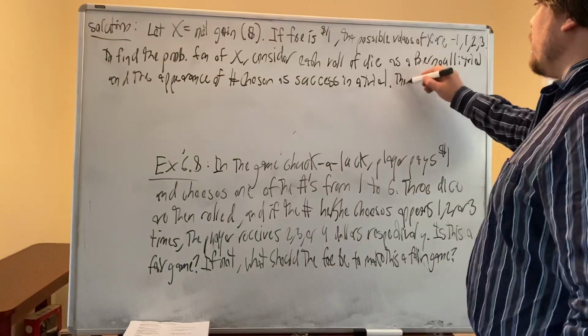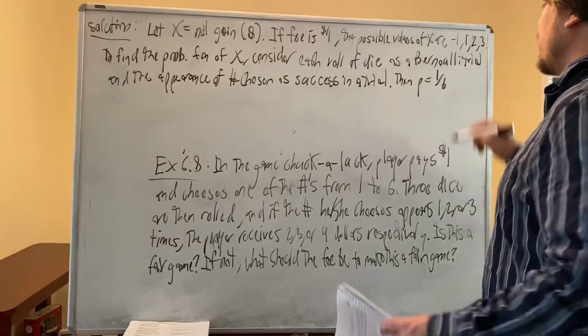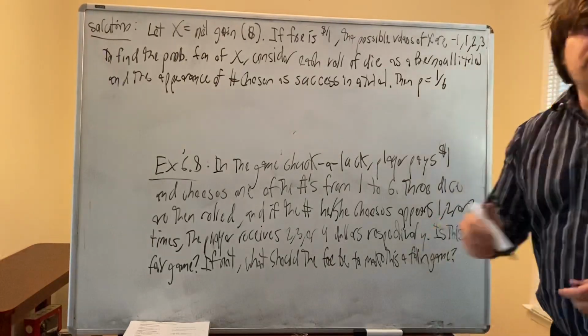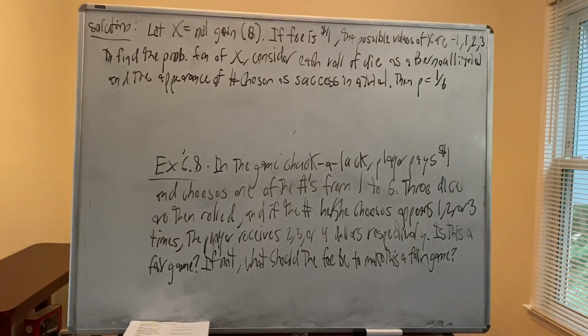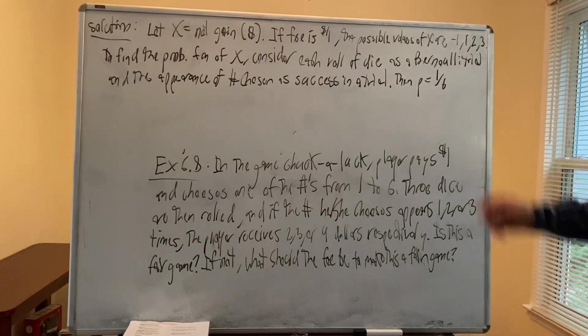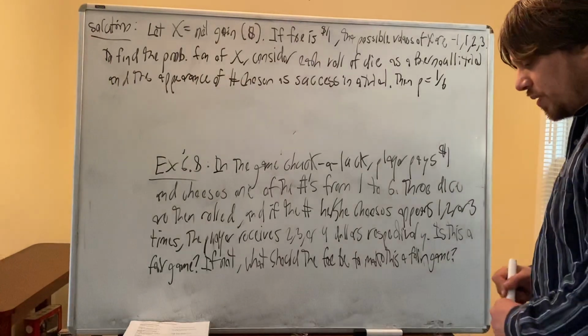Then little p, which is the probability of success, is 1/6. Right? If you choose one of the numbers, when you roll a die, there's a 1/6 chance that the number is the same as the number you chose. So the probability of success in any trial is 1/6.